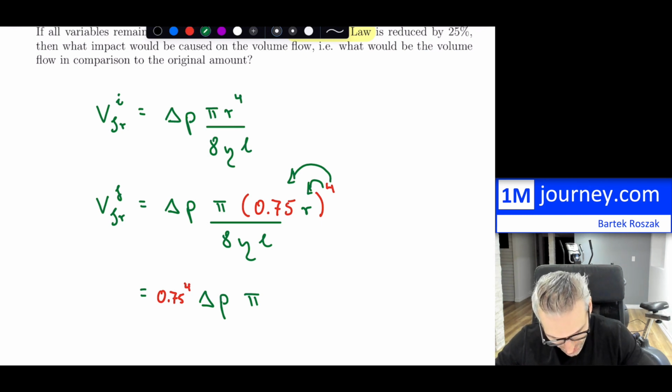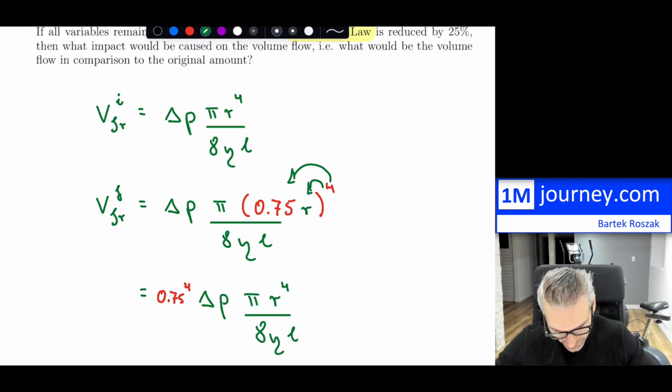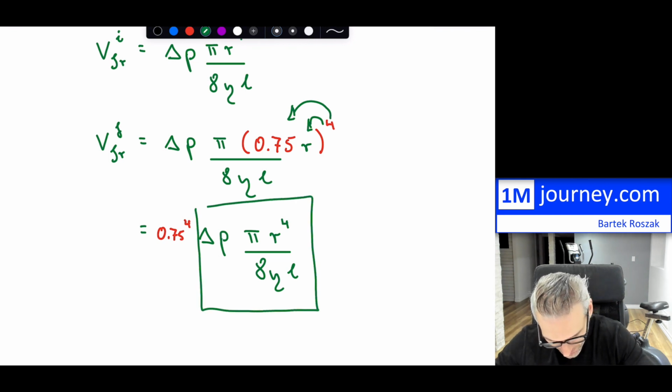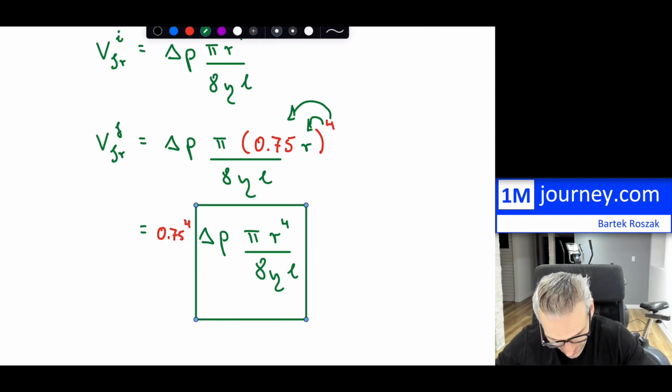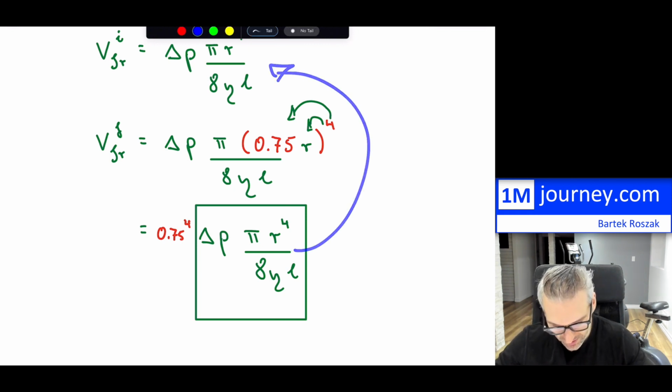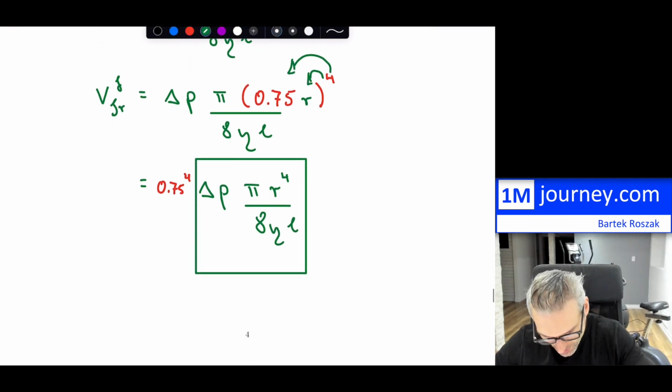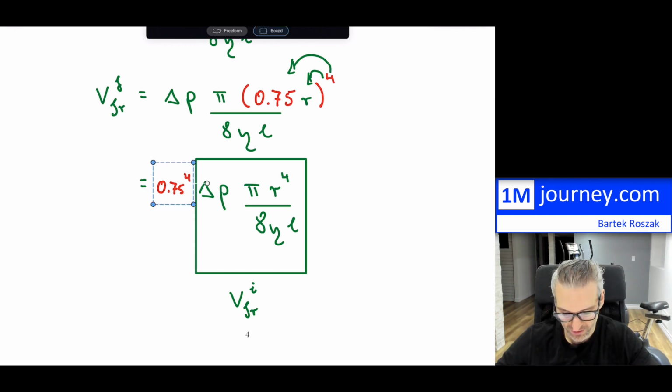And then everything else, notice R is still going to be to the 4, divided by 8 eta L. So this right here is basically just your initial flow rate, and it just changed by this factor right there.